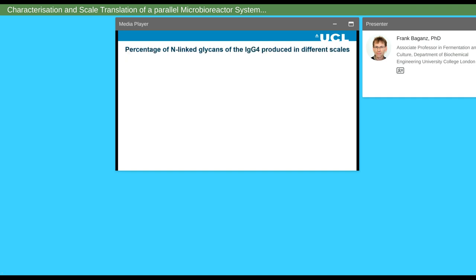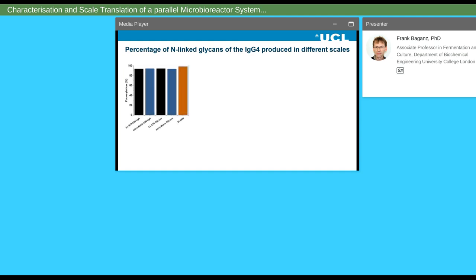In order to ascertain whether the N-linked glycosylation of the IgG4 antibody was scalable, the distribution of key glycoprofiles was compared. As you can see here, the percentage of fucosylated glycans was above 95% at all scales, which was similar to earlier studies of the same cell line and product.